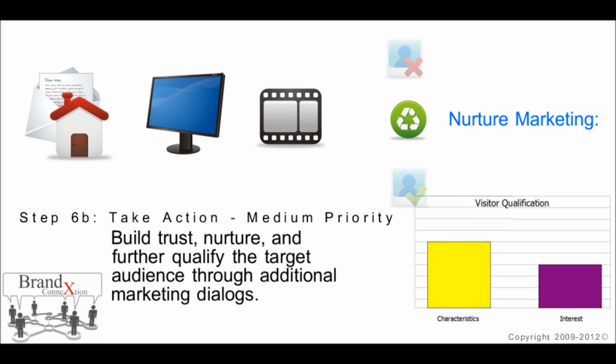With our medium priority visitors, they may have identified themselves as interested in the product, but maybe the time isn't right, or the characteristics of that person are right, but they didn't quite get it, so we need to put them through another campaign which is more relevant to them.